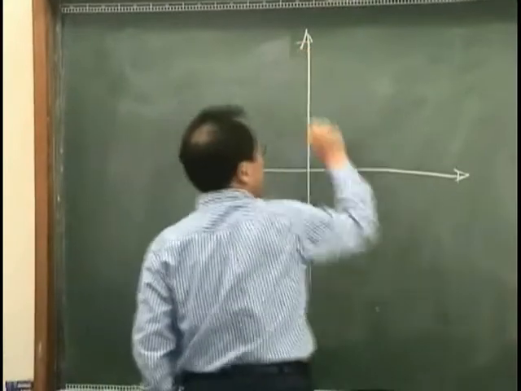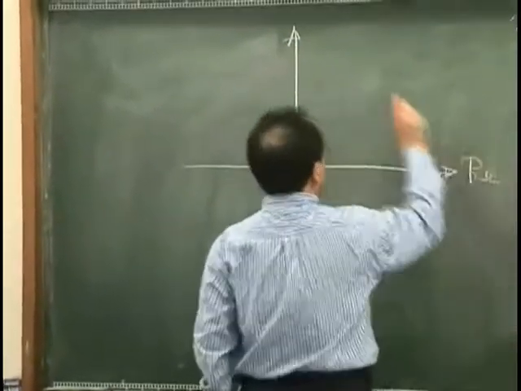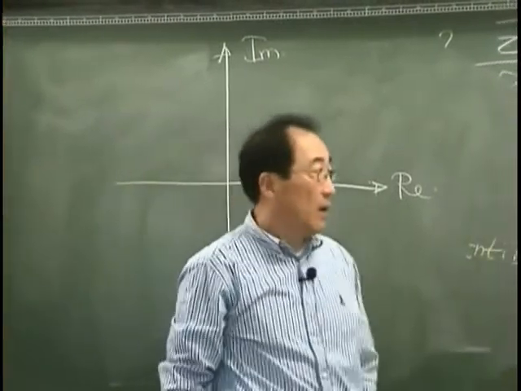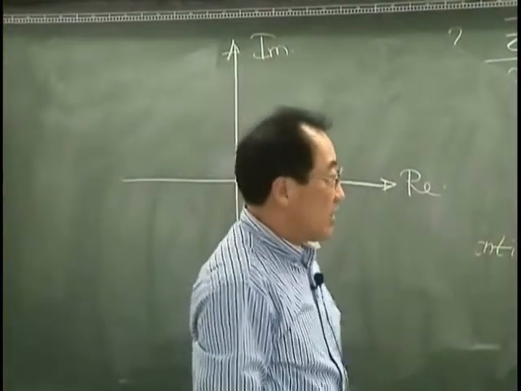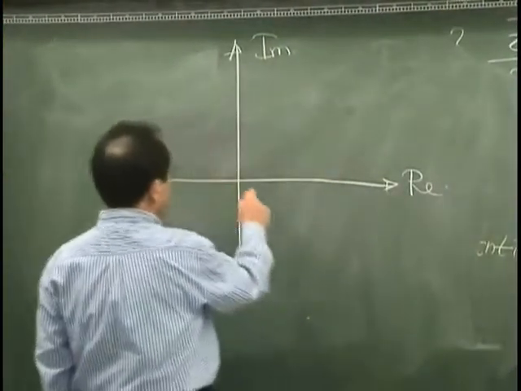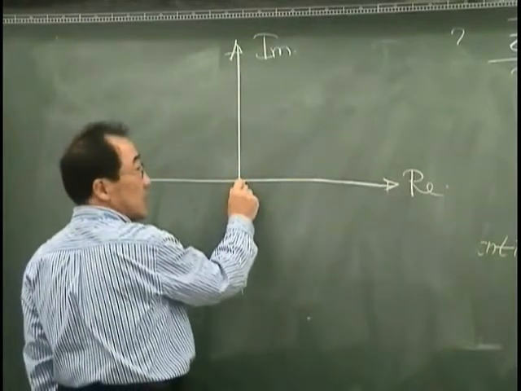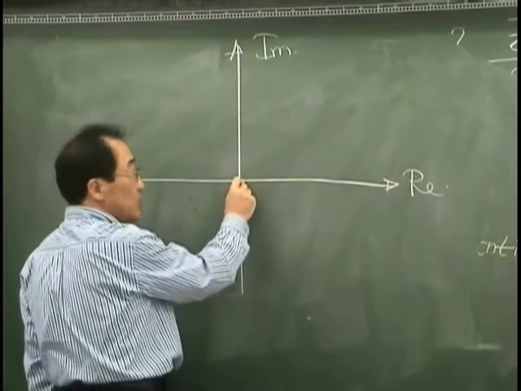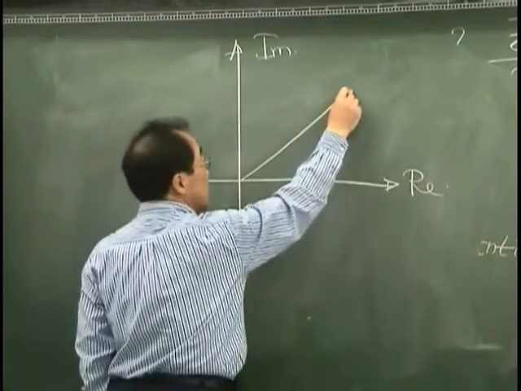So let's draw the result in the real and imaginary axes. Say this is the real axis, this is the imaginary axis. And the excitation is f exponential j omega t. How do I draw it? Okay, this is f.